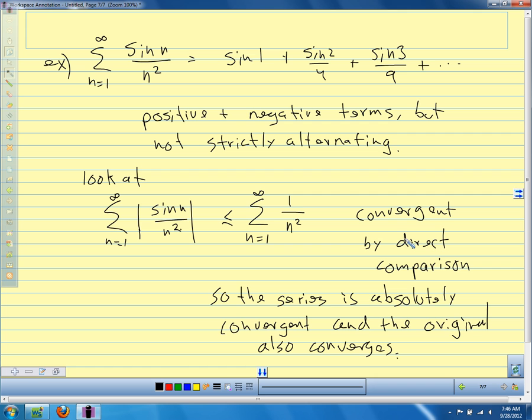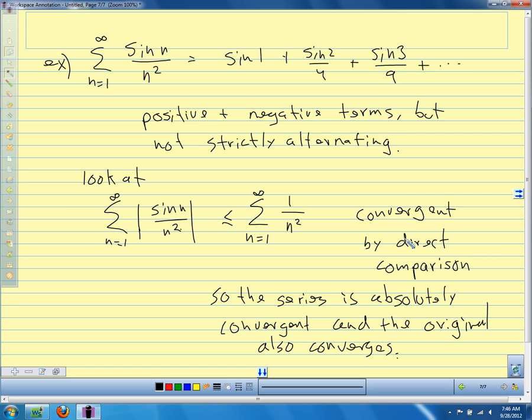Just know that if you're estimating some value with a convergent alternating series, your error is less than or equal to the first neglected term. So if you're summing from 1 to n, your error is going to be less than or equal to the n plus first term. And I think there might be one homework problem that asks you for an estimation. But I'm really not going to do a lot with the alternating series remainder.